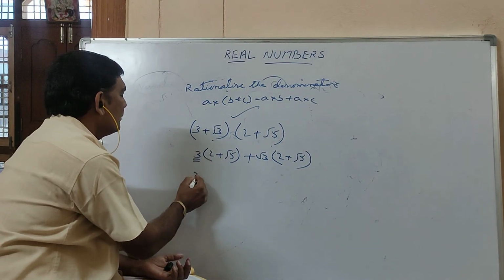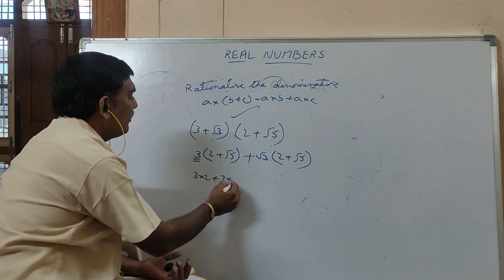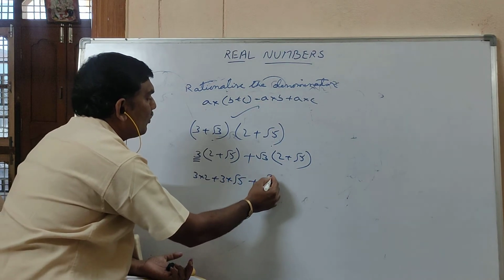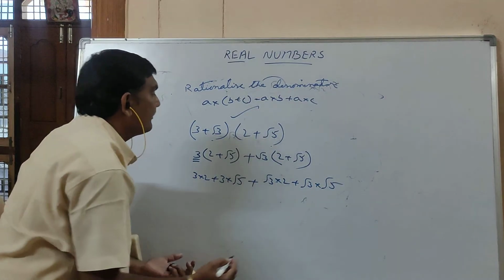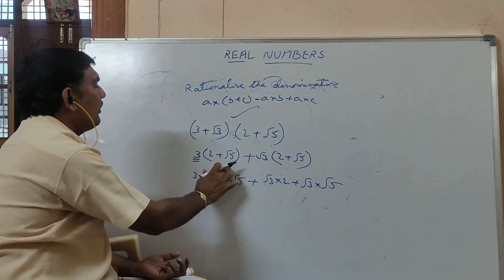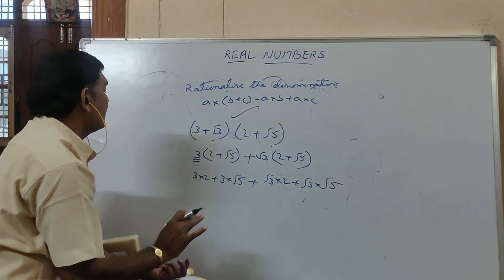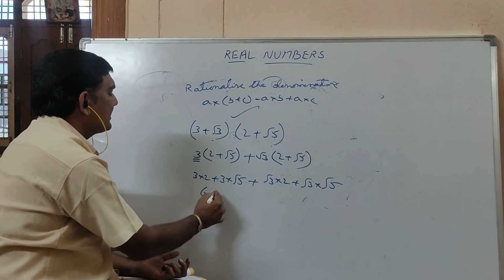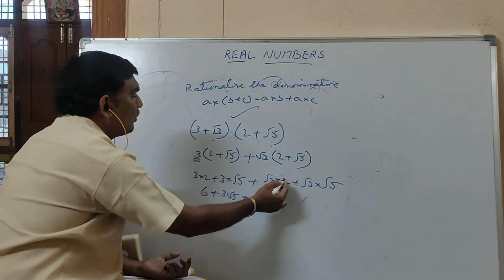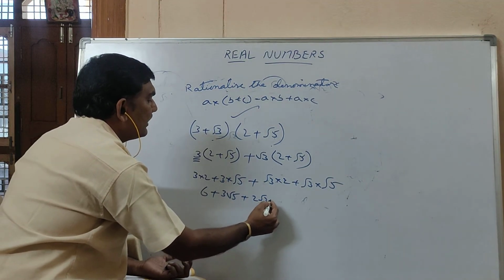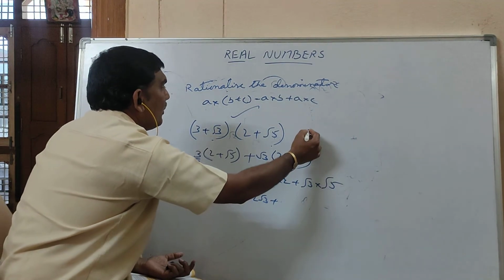3 into 2 plus 3 into root 5. Root 3 into 2. Root 3 into root 5. Distributive property I applied for this one and this one. That's it. 3 2s are 6. 3 root 5, you should write it. Root 3 into 2, 2 root 3. See here you have to know one formula.